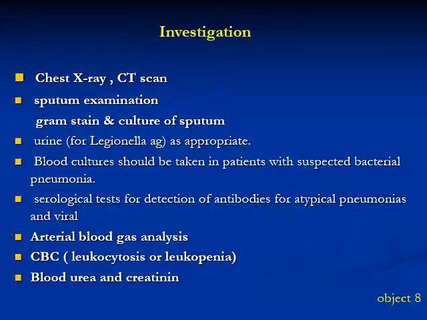Serological tests detect antibodies for atypical pneumonia and viral. Other tests may be done to assess the severity of pneumonia, like arterial blood gas analysis, complete blood count to see if there is leukocytosis or leukopenia, and renal function tests, mainly urea and creatinine. This is for the prognosis of the pneumonia.